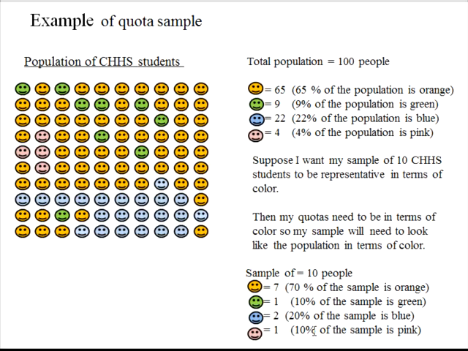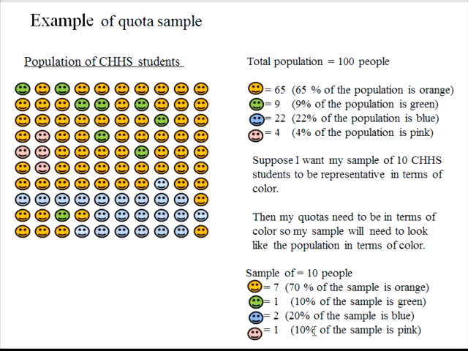Now, you may remember stratified random sampling in the previous lecture. Now, what makes this different, right, is that here I'm not really dividing the population in strata by color and then randomly selecting them, right? That would be a probability sample. In quota sampling, I am choosing the subjects to be sampled.